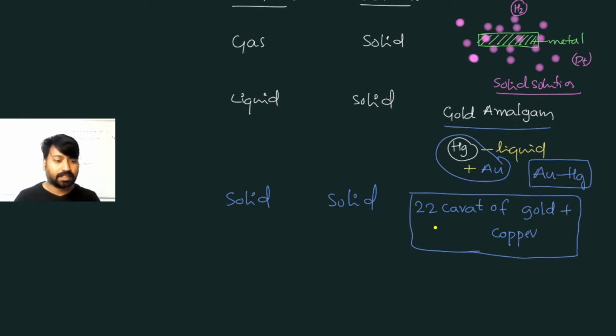Therefore, to avoid that, a small quantity of copper is added to 22 carat gold. By that, we get a new kind of substance called an alloy. This alloy has a new property: it is very hard and resistant towards the environment. This is an example of solid dissolved in solid.